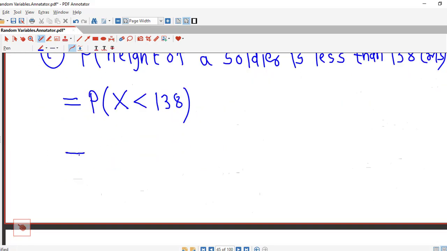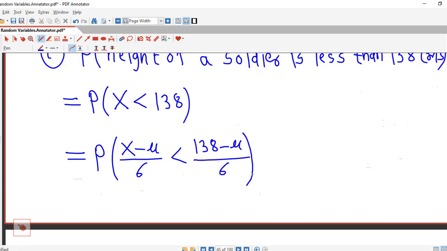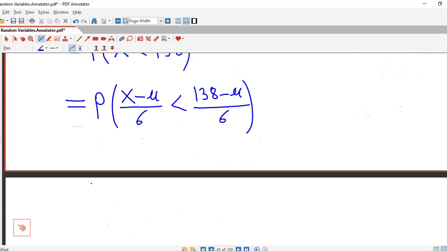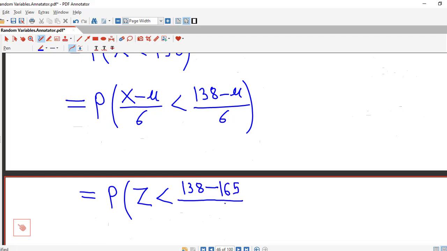As we know, first we have to standardize this random variable. So for that we consider subtraction of mu from capital X as well as subtraction of mu from 138, and we divide both sides by sigma. Now as we know, X minus mu over sigma is a standard normal random variable, and here we substitute the values of mu and sigma which are 165 and 15 in this case.